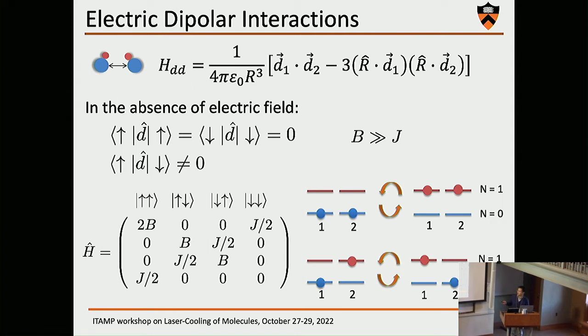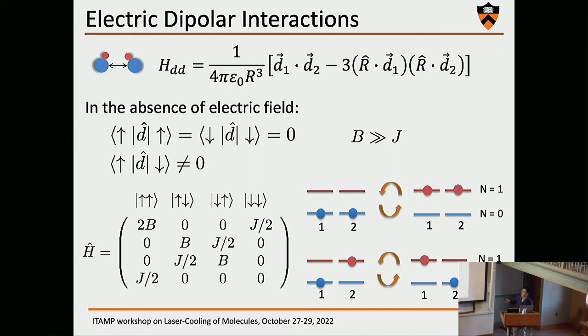But as we all know, states can have transition dipole moments, specifically between N equals 0 and N equals 1. This transition matrix element is non-zero. So now if I have two molecules, what this means is that as long as I flip the spins of both of the molecules, then that process is in principle allowed.